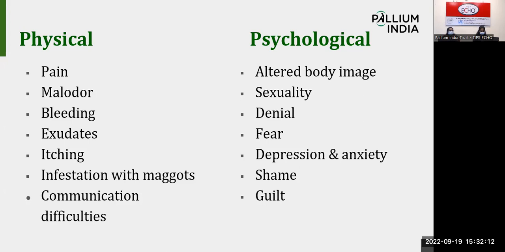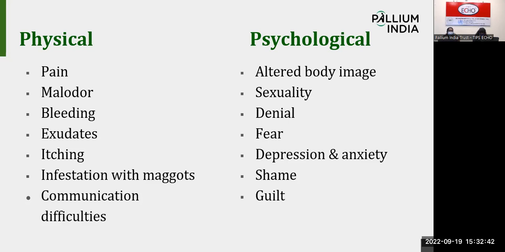Improper dressing techniques can cause bleeding, and the tumor can also erode major blood vessels, so the patients can develop bleeding. Exudate means oozing of pus, discharge and fluid from the wound. In this type of wound, the blood vessels inside the wound dilate, so fluid comes out.